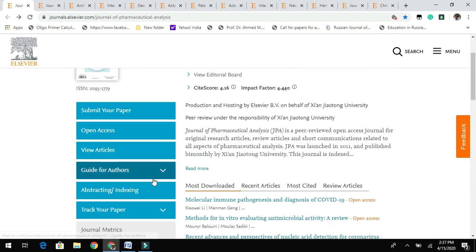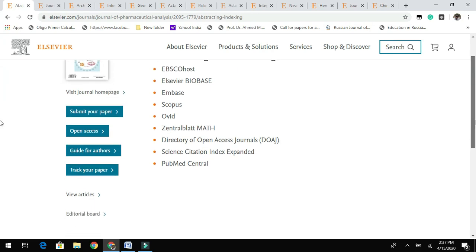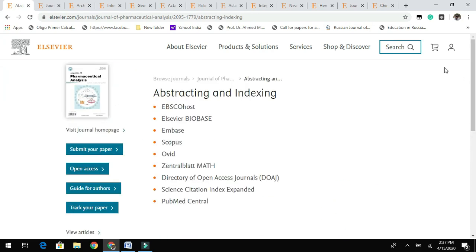So let us see the indexing site. This journal is abstracting and indexing in PubMed Central, Sci, Scopus, which is very good for your research paper.